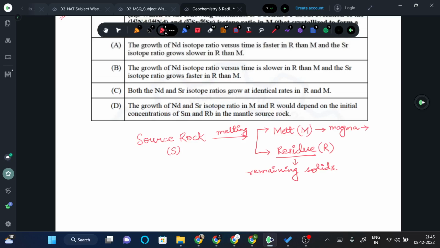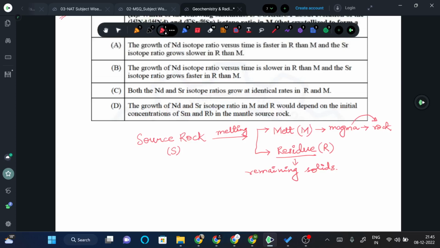So this magma, upon cooling with time after melting, consolidates into a rock. This is the basic thing that happens upon melting of a source rock.